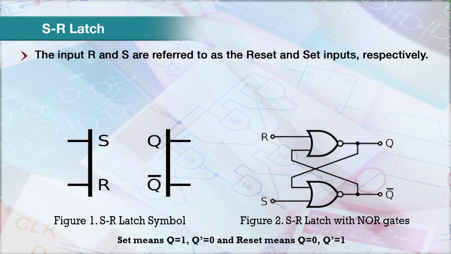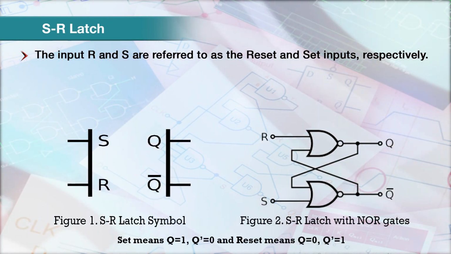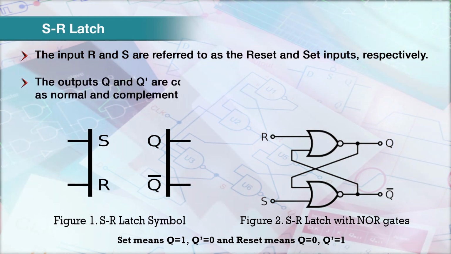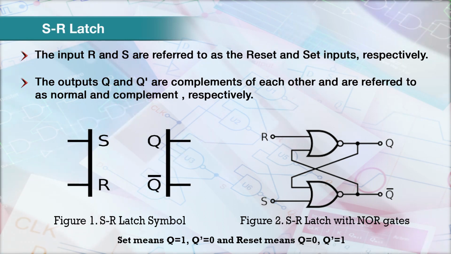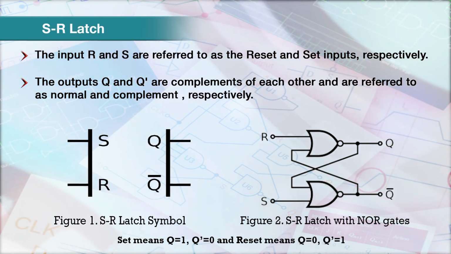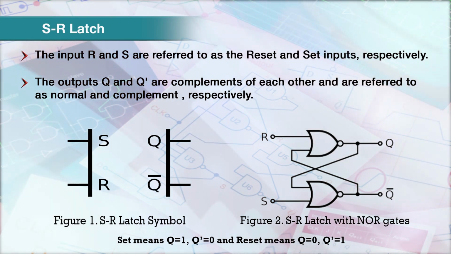The inputs R and S are referred to as the reset and set inputs respectively. The outputs Q and Q dash are complements of each other and are referred to as normal and complement respectively.